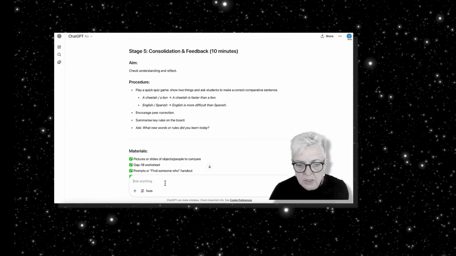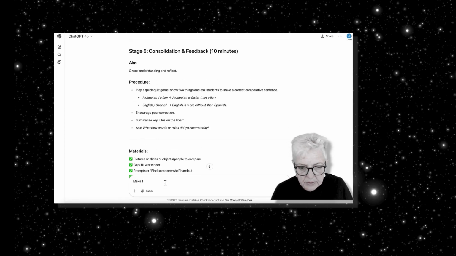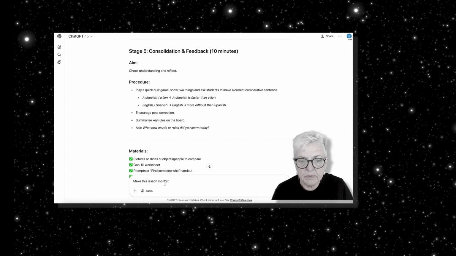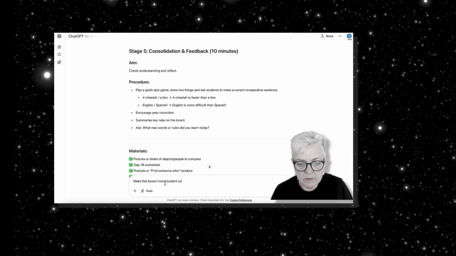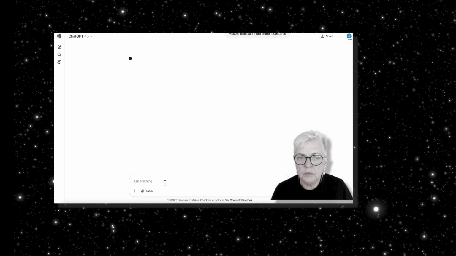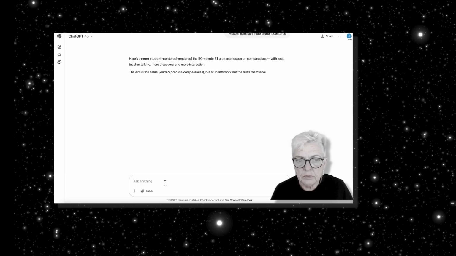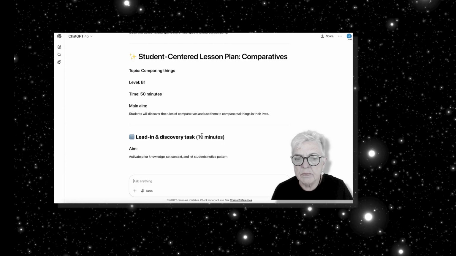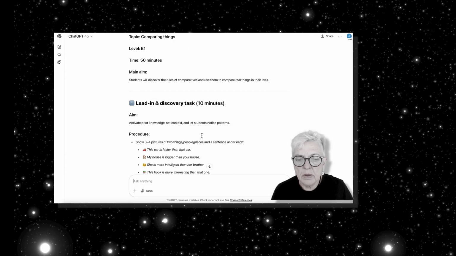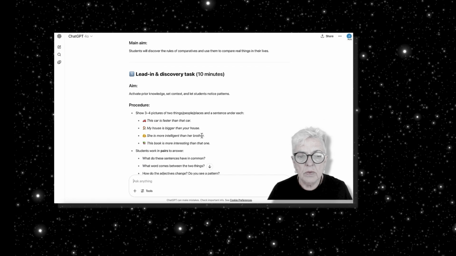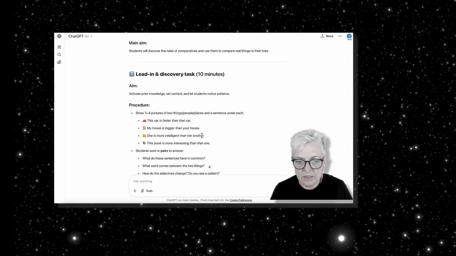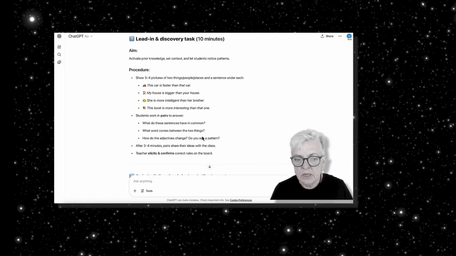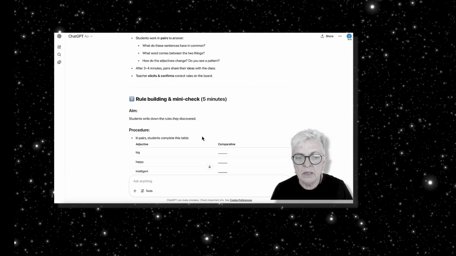Okay, so I will say make this lesson more student-centred. So same thing again, but student-centred lesson, and we're finding our tasks. Students work in pairs, so they're problem solving.